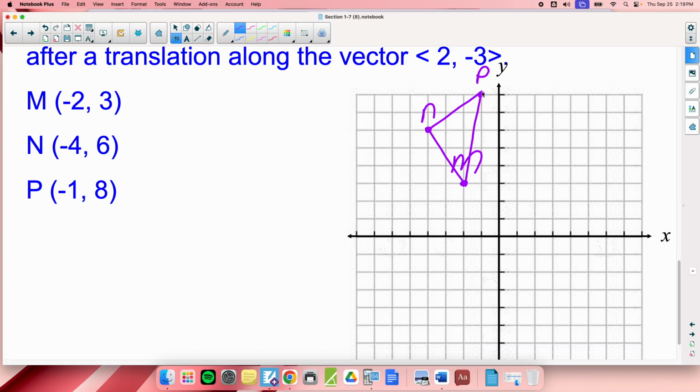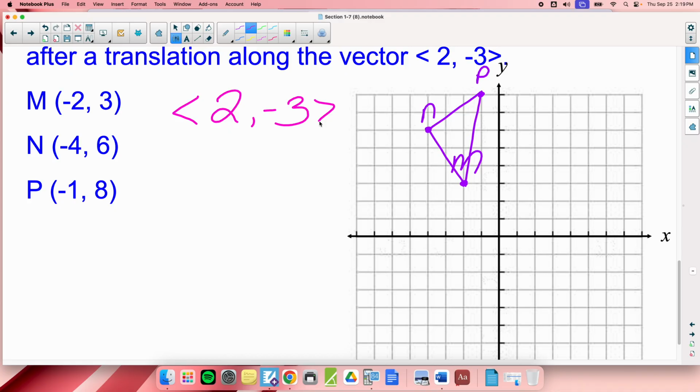Okay. Now, if you guys look at what our vector is, it's 2, -3. Now, if you were plotting that on a graph, do you guys get you'd go 2 to the right, down 3? Okay?